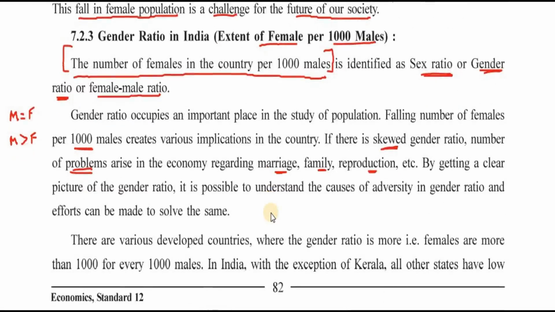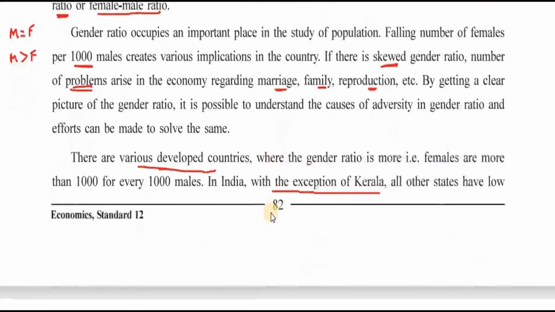Now when you see developed countries, various developed countries have a gender ratio more than 1000, right? So gender ratio is more, means females are more than 1000 for every 1000 males. In India, only Kerala is an exception, where there is a higher female ratio compared to males.